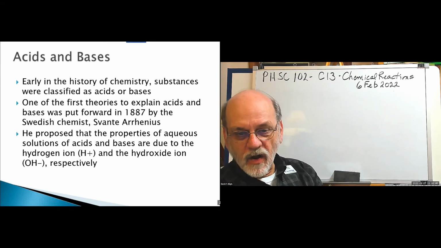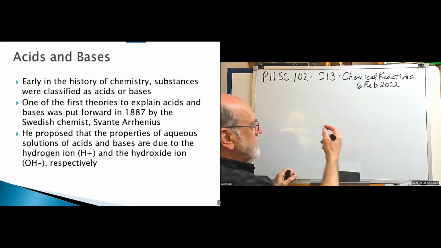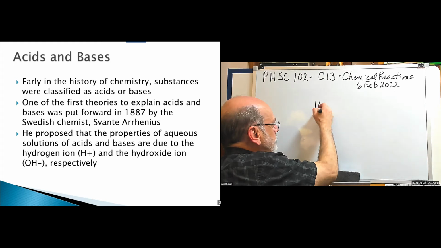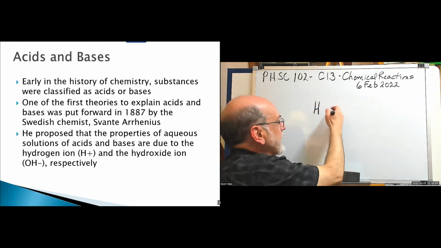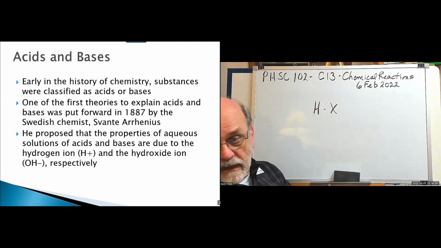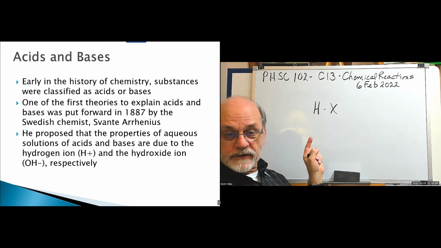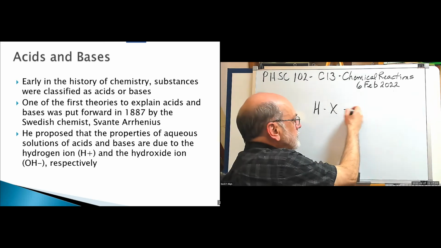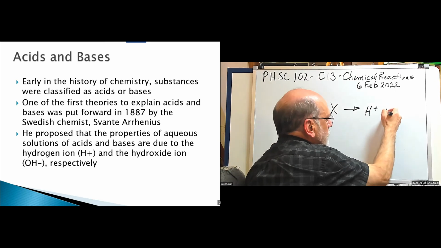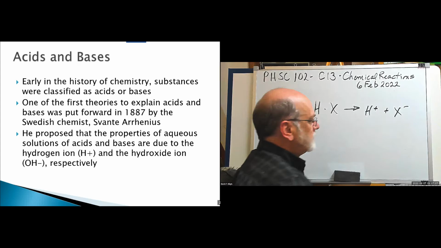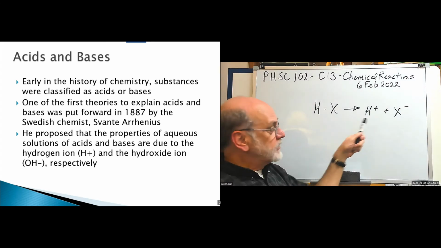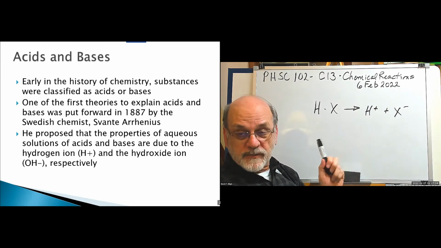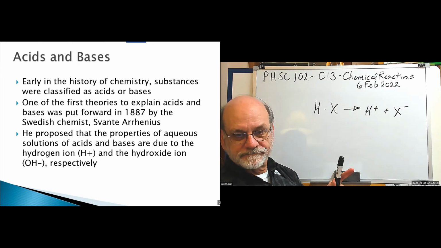Arrhenius said that all acids started with a hydrogen, and they were attached to something else. So that when you put them in aqueous solution, that hydrogen would dissociate. Right? So if this is neutral, then you have to have an equal positive and negative charge on this side. And that hydrogen is responsible for acid character.